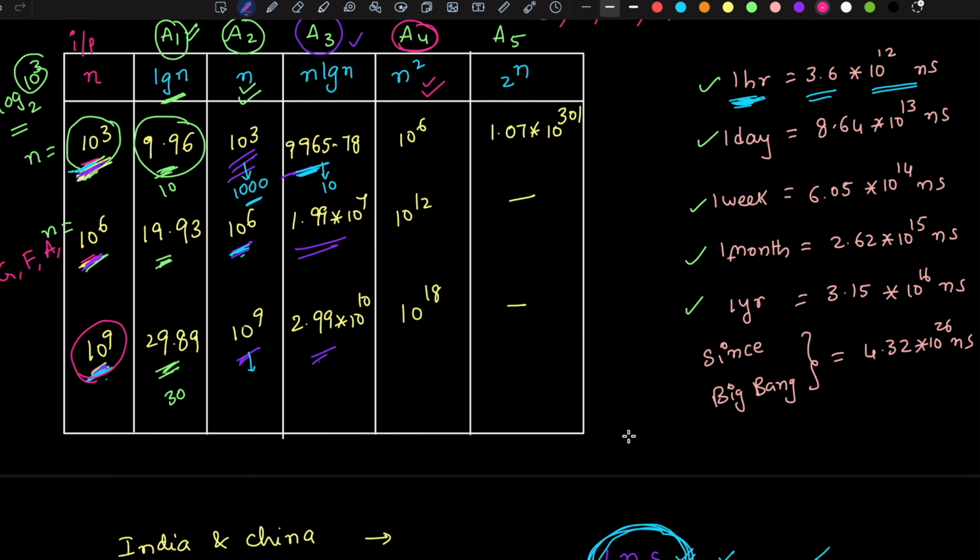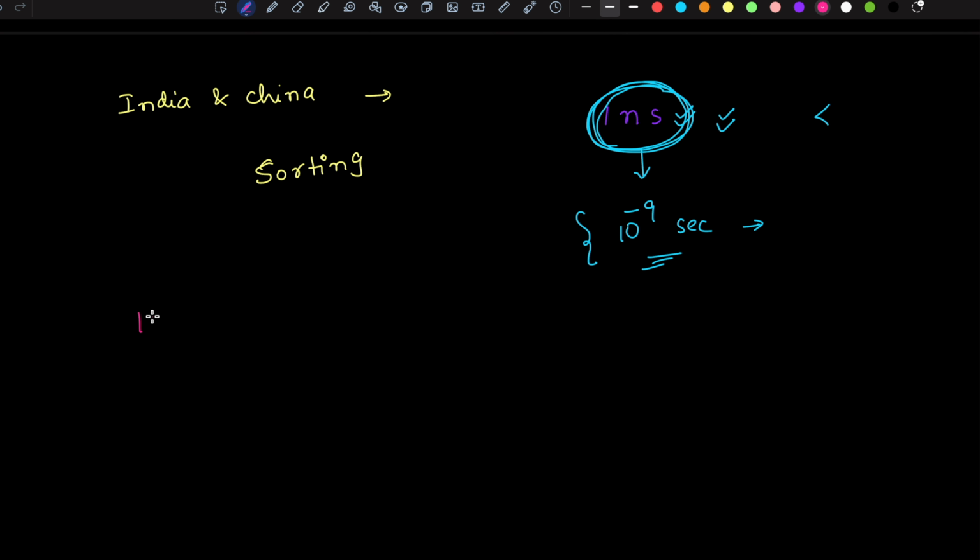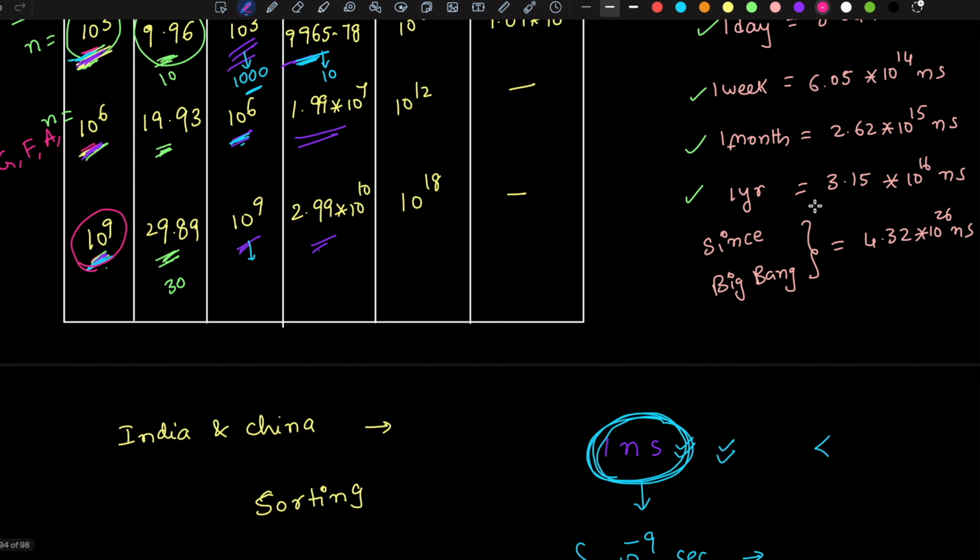Then n square is 10 power 9 power 2, which is equal to 10 power 18 operations required. So this algorithm performs 10 power 18 operations. Each operation takes 1 nanosecond, so the total time required is 10 power 18 nanoseconds. Now, what is 1 year in nanoseconds? 1 year is 3.15 into 10 power 16 nanoseconds.